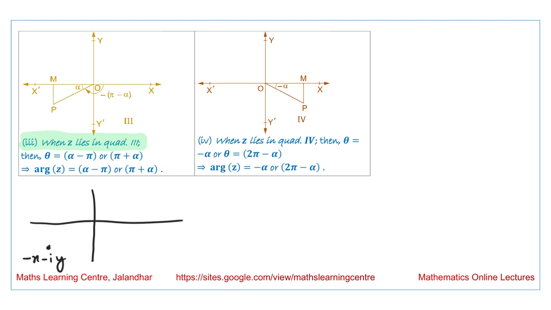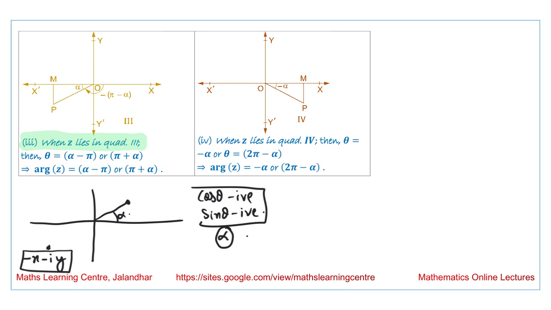It means we have cos theta negative, sin theta negative. We have calculated the value of alpha. Alpha is basically the angle we are talking about over here, the angle if both these values are considered to be positive.